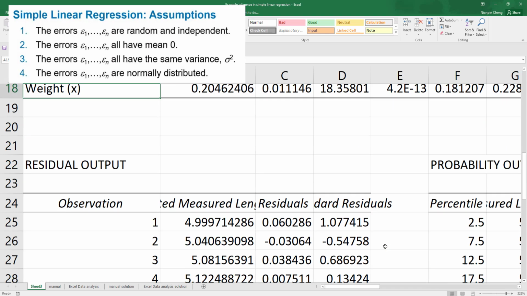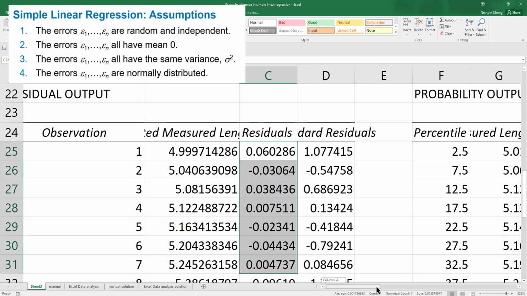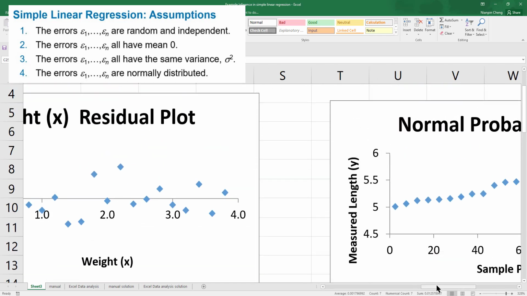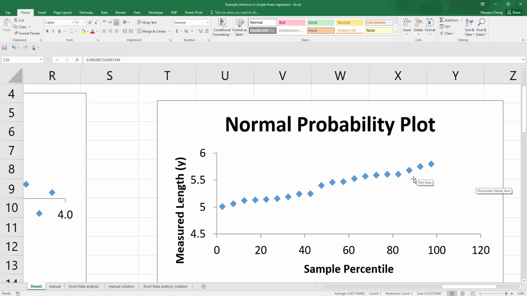Now there are important assumptions for the linear regression model. The residual should be normal, independent, and have constant variance. If you plot the residual, it shouldn't have any pattern. We can also put the residual data into JMP and create a probability plot or quantile plot. It should be a straight line, which shows the residual is normal, like the error part is normal, and no pattern.